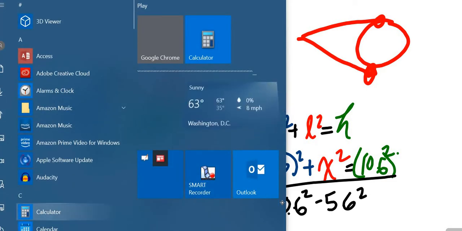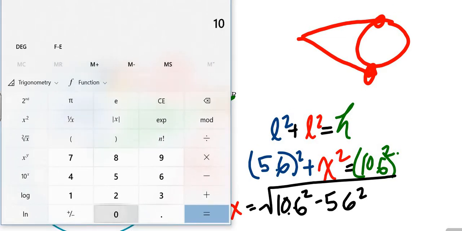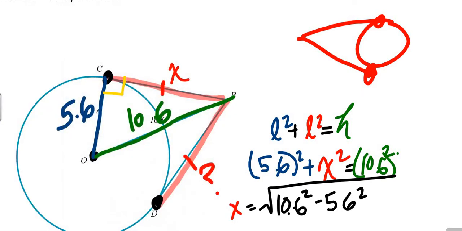On that note, we do 10.6 squared minus 5.6 squared, and we take the square root of that.